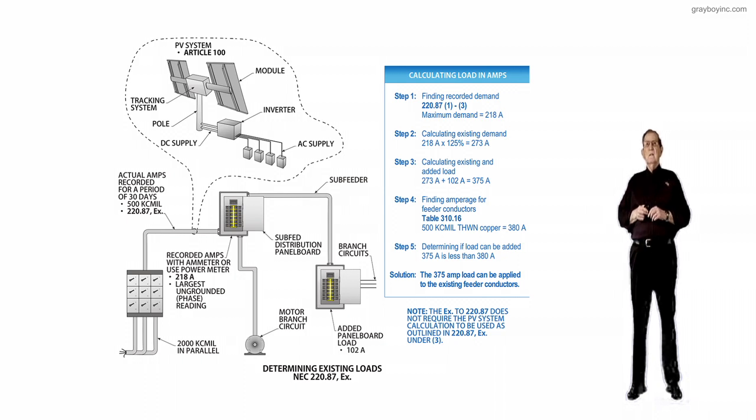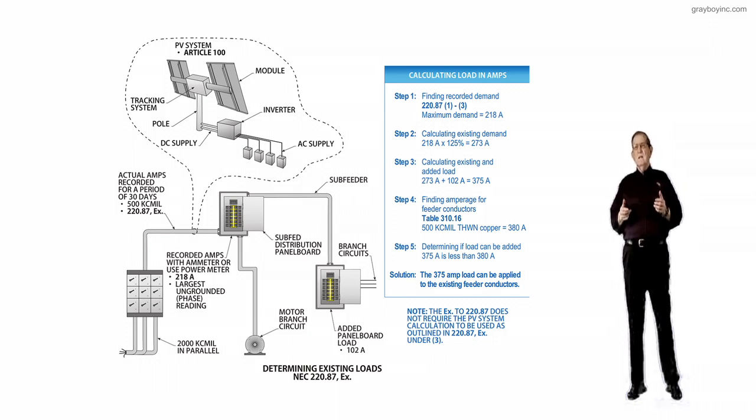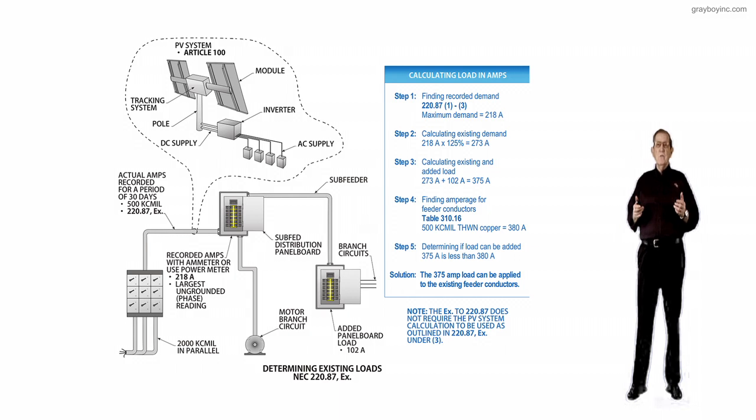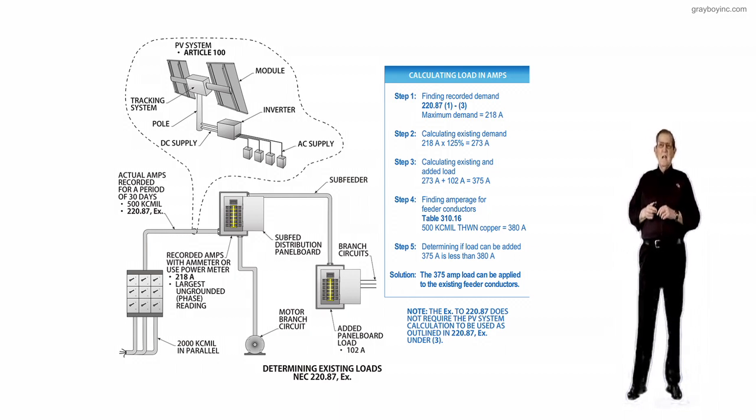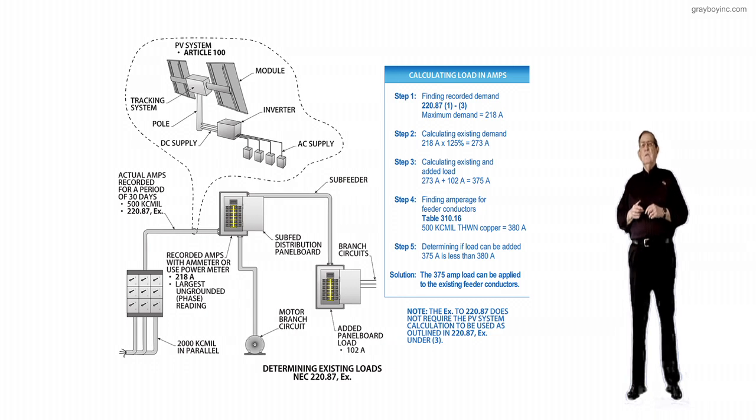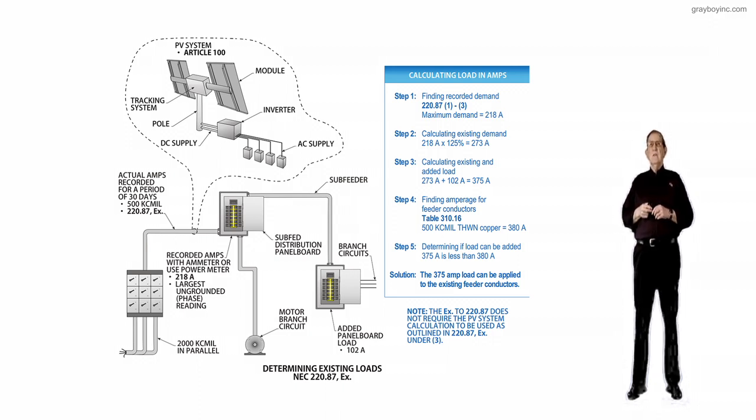So that is the main impact of this rule, that any type of PV system, say wind generators or electrical wind systems, any kind of fuel cell systems would not be included in this type of calculation as identified in your purpose of change and 220.87 exception item number 3.